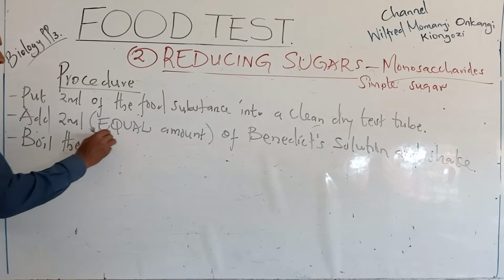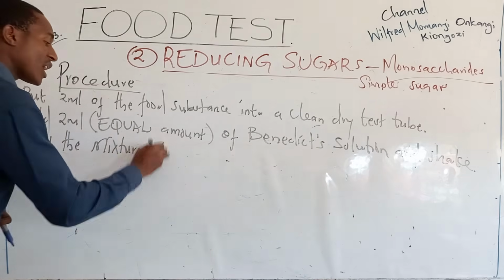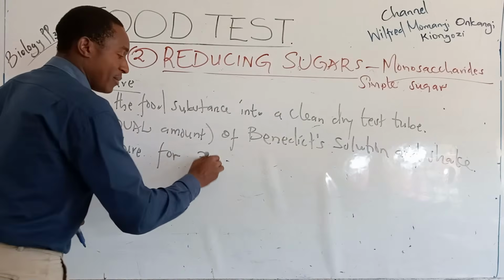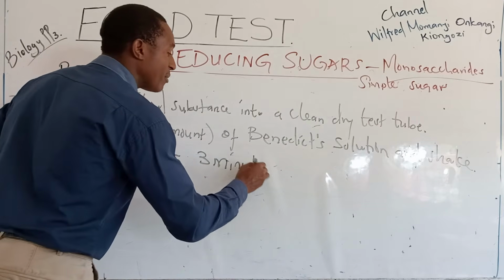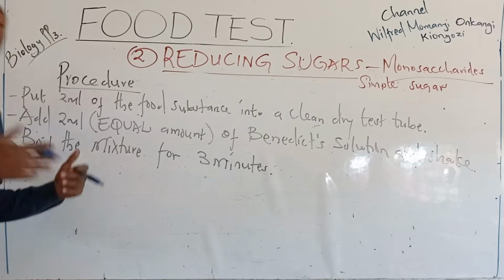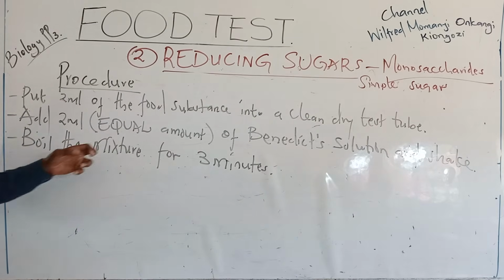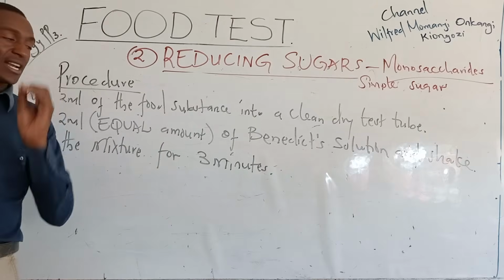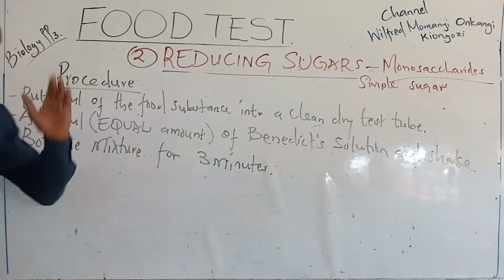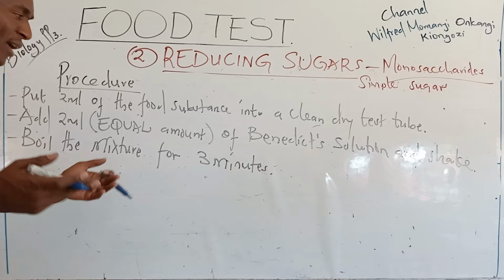Then the third step, boil the mixture for 3 minutes, or you can say 4 minutes, and at most 5 minutes. There is a reason here. Boiling must be quantified. The amount of time you take in boiling must be quantified. Some people say just boil.